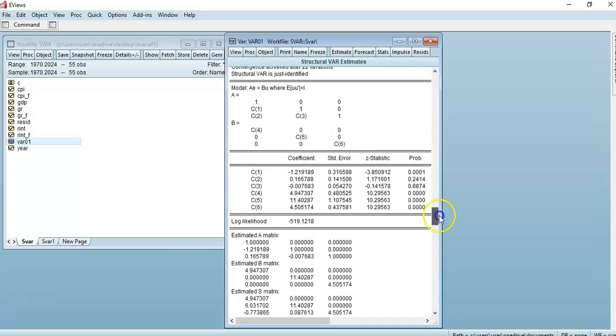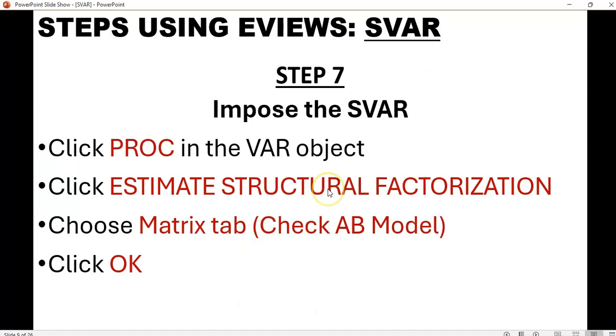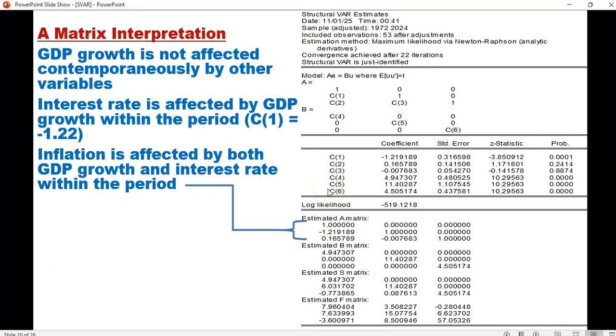Let us have an expanded view of this for better understanding. Okay, now this is the expanded view of the structural VAR estimate. Now when we look at the A matrix, you can see the coefficient, which is significant at the 5% level or 1% level.